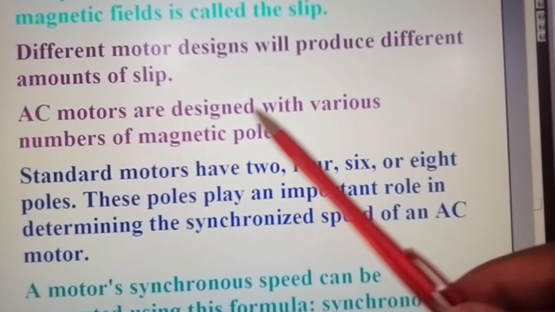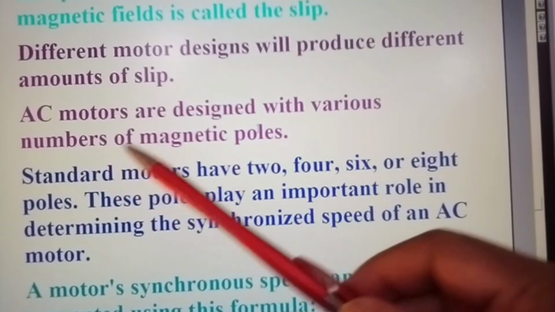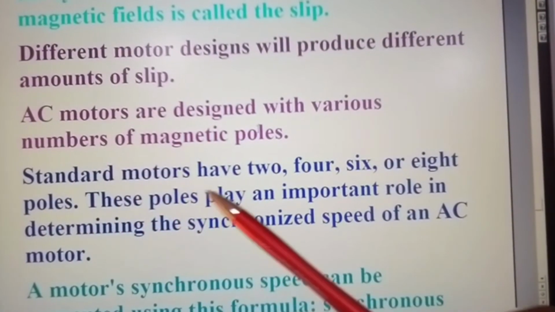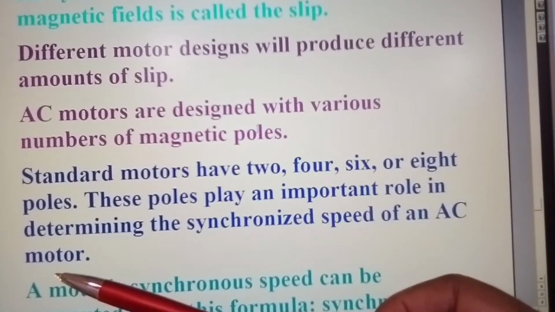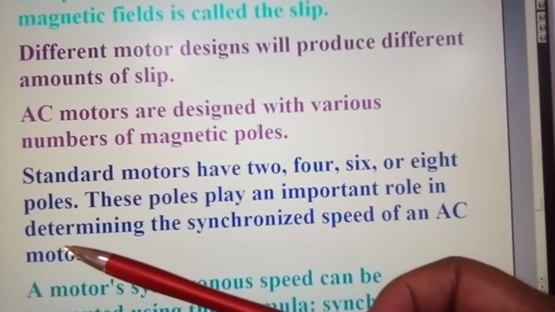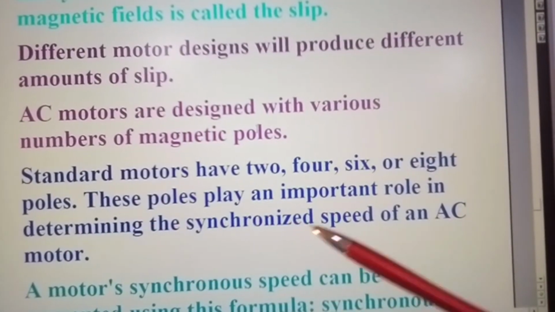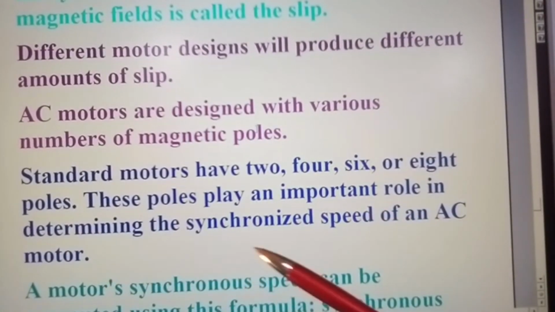AC motors are designed with various numbers of magnetic poles. Standard motors have 2, 4, 6, or 8 poles. These poles play an important role in determining the synchronous speed of an AC motor.